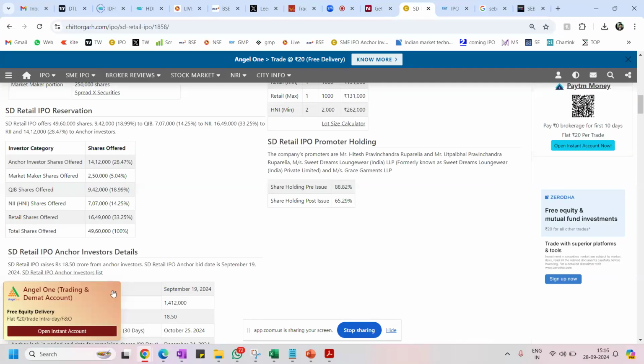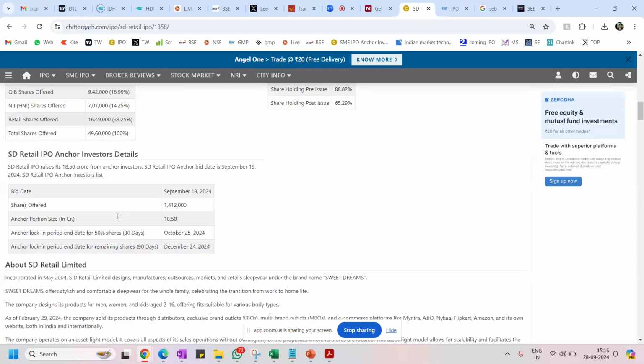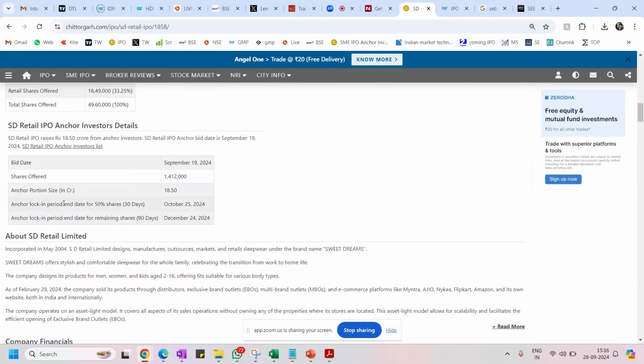Now you can see around 28.5% of the shares were allocated to the anchor, around 19% to QIB, 14% to HNIs, and 33% to the retail. Now, for the anchor, 50% of the shares can be sold only after 30 days, that is 25th October, and the remaining 50% can be sold after 90 days, which is 24th December.